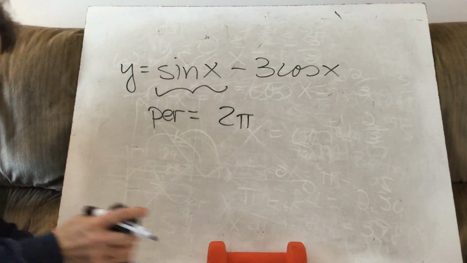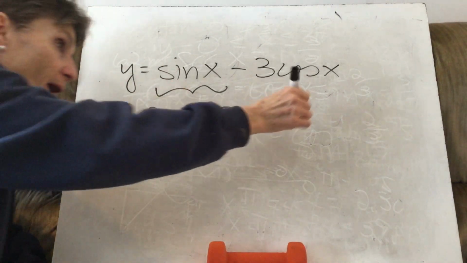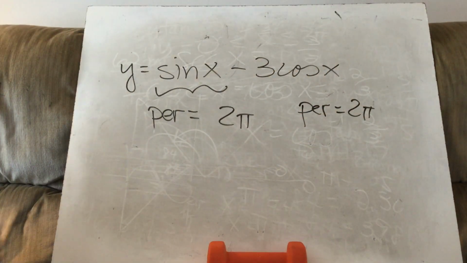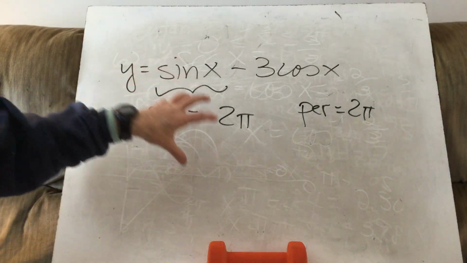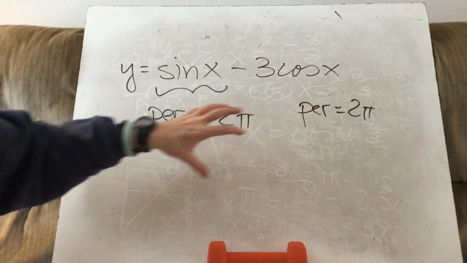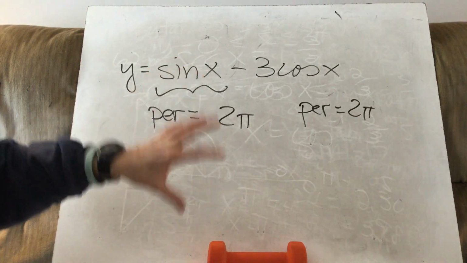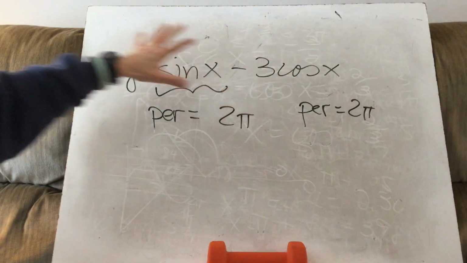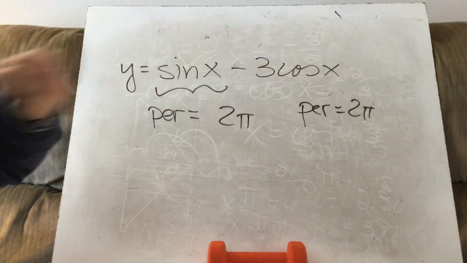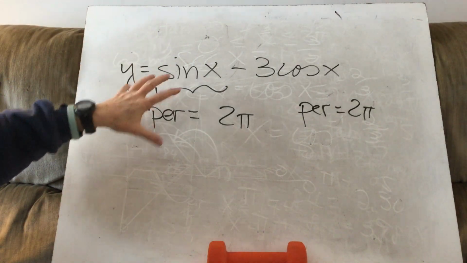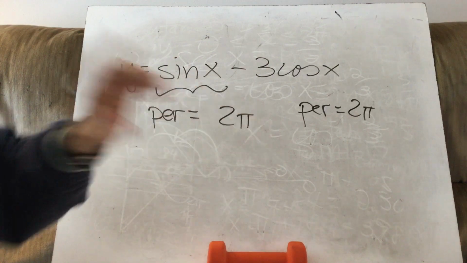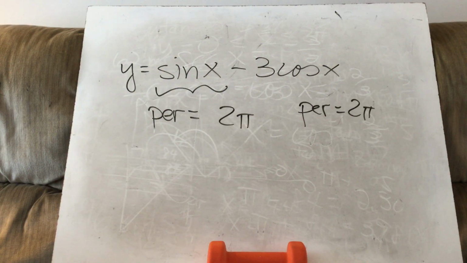So the period of this piece is 2 pi, and the period of this piece is also 2 pi. When the periods of each piece match, it is a sinusoid. Okay? So let me say that again. When you have one of these sums and differences where you got more than one function, you find the period of each piece, and if they match, it is a sinusoid.